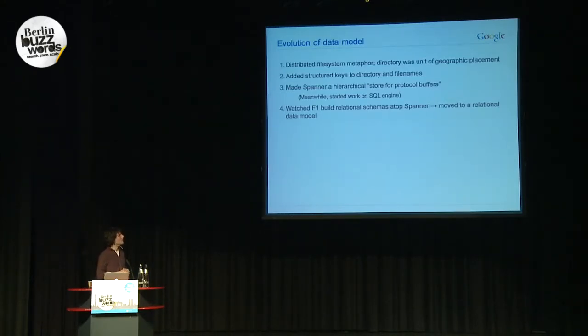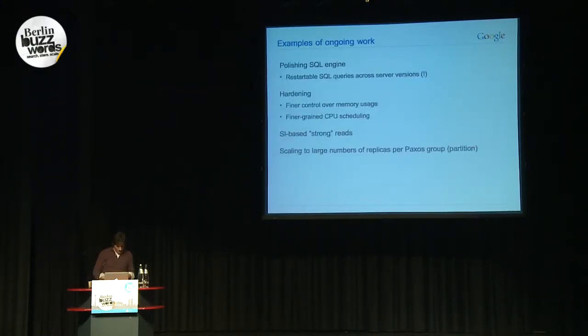So we moved in the end to this relational data model. And as I showed a few slides earlier, there's already this mapping from the conceptual data model onto physical entries that are stored. In some sense, this was a veneer on top of the system, but it's really important to get right because it's how users think about the system.